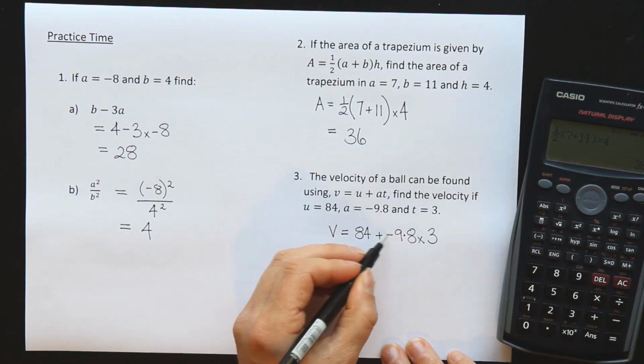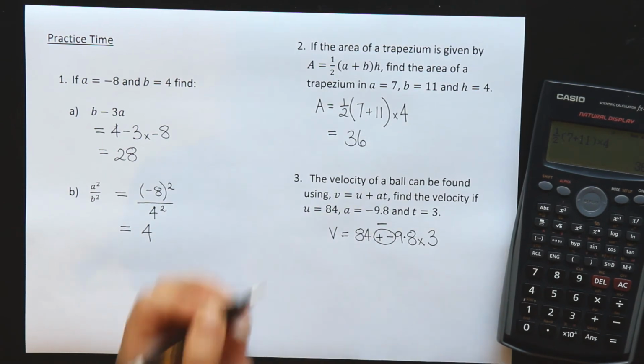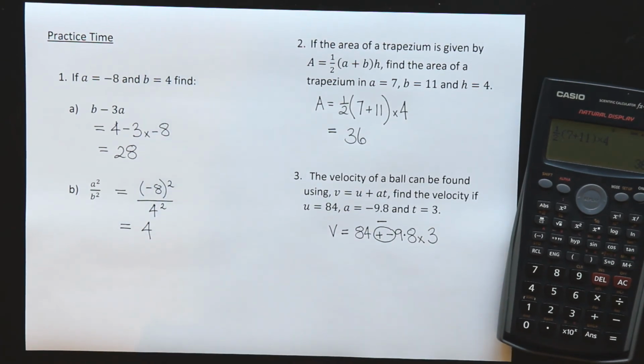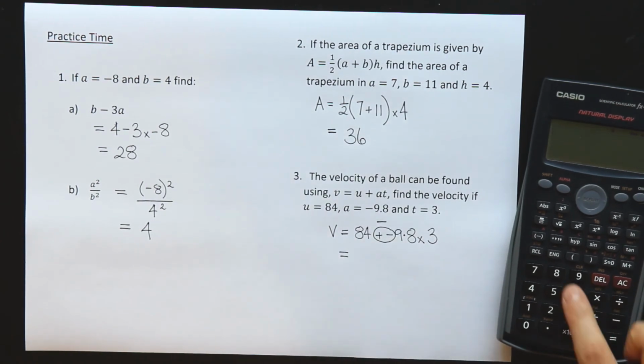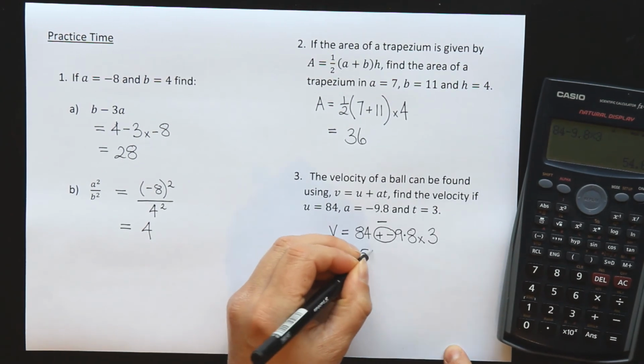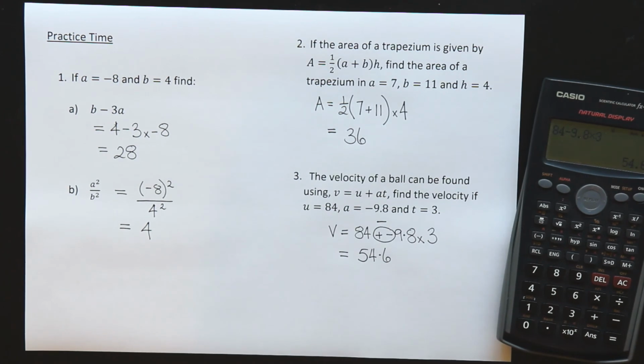A plus and a minus together makes a minus, so you can just replace that with the one minus sign. In your calculator, 84 minus 9.8 times 3 equals 54.6. Alright, there it is.